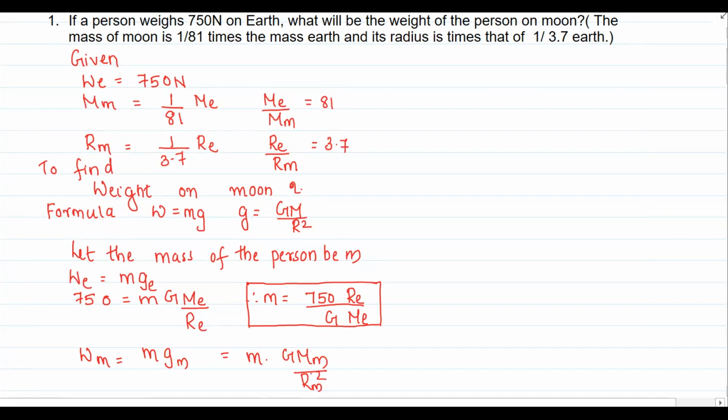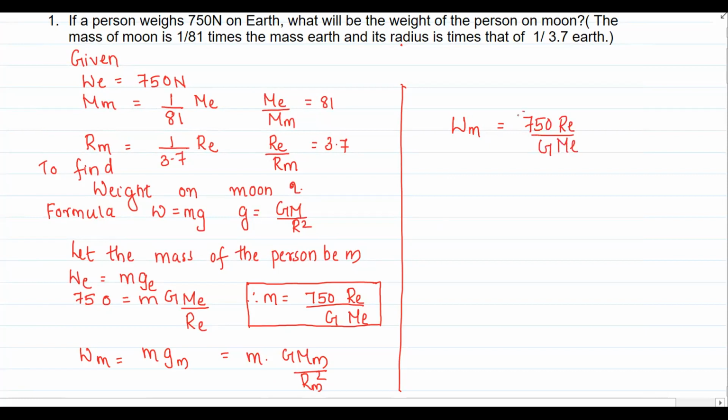Now, I'll do on this side. That is Wm is equal to m into GMm upon R square. But m value we know, 750 RE square upon GME.